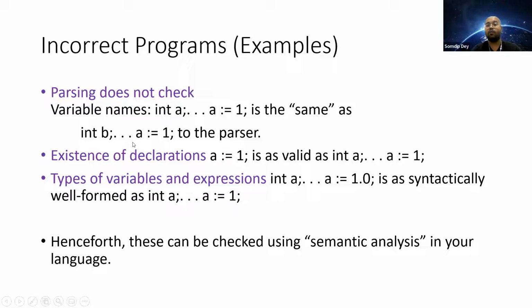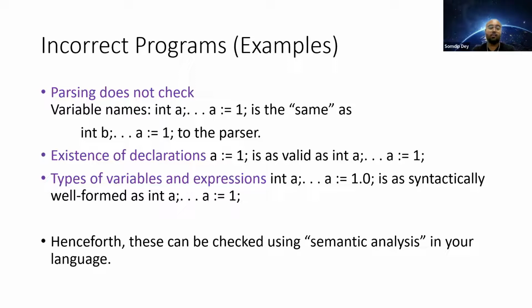Technically, the parser is not able to recognize this type of error. So when it comes to semantic analysis, that's the place where we are able to determine whether a variable has already been initialized with a specific type, and then assigned a value.